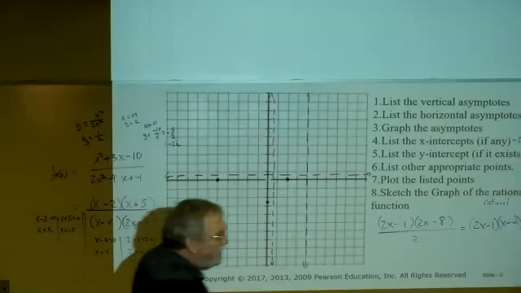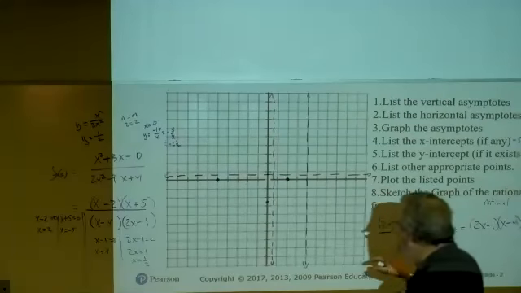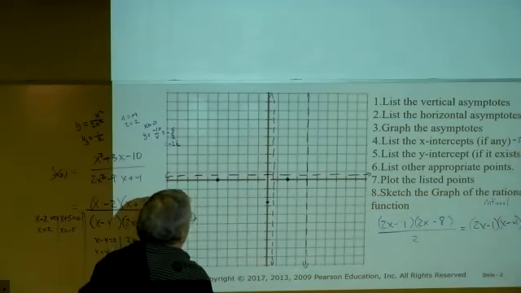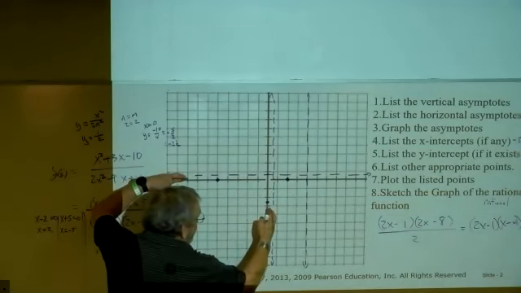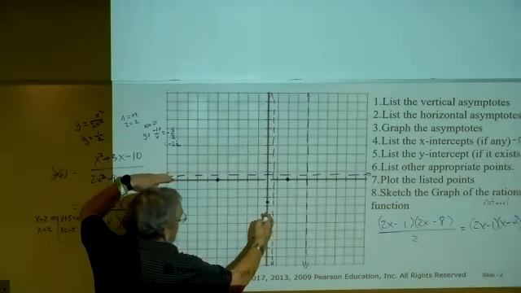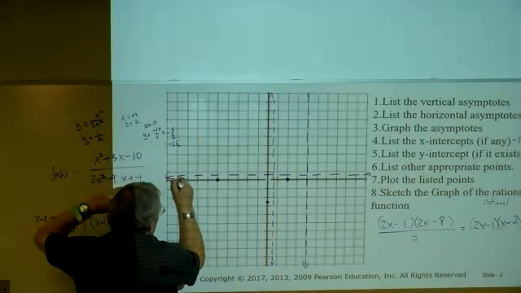Now, once we find these points, then we start looking for other points to see what's happening. All right, on this side, it's going to end up going like this.